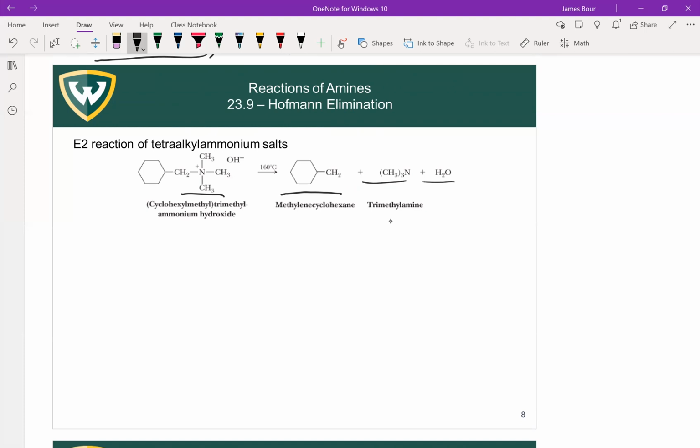The way this reaction works is we have a proton hanging out here that we don't really see. I'll draw it down here to make it a little bit more clear. We'll talk about this on the next slide as well. Remember from organic 1, if we have a strong base and a good leaving group, we can do an E2 elimination.